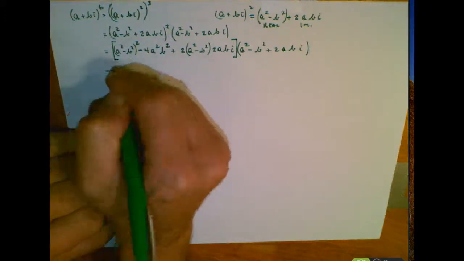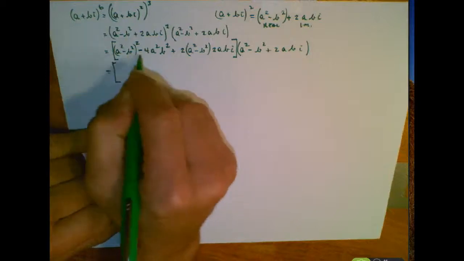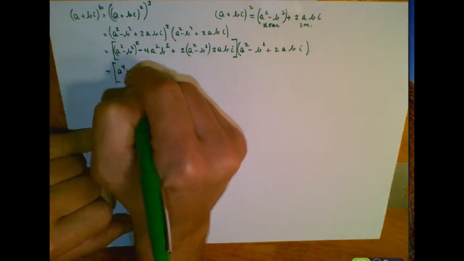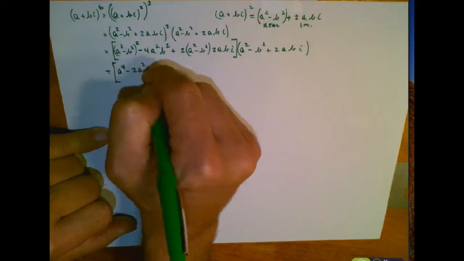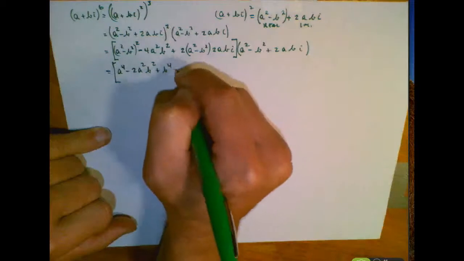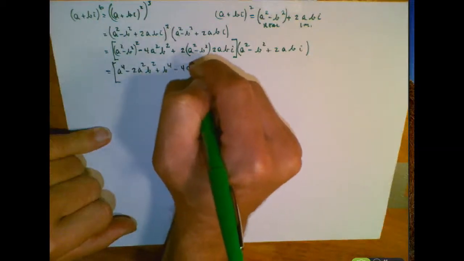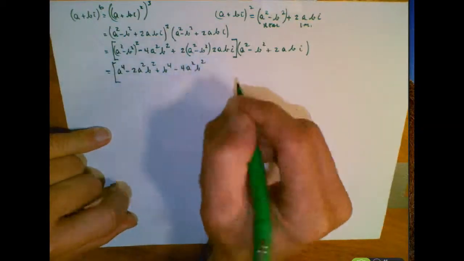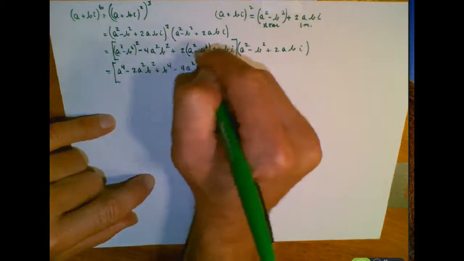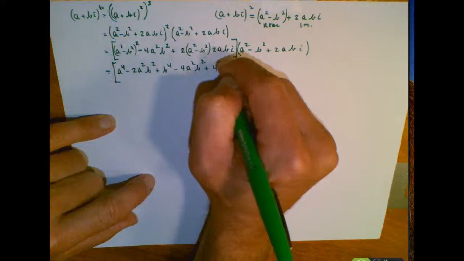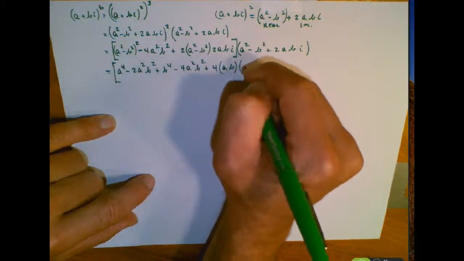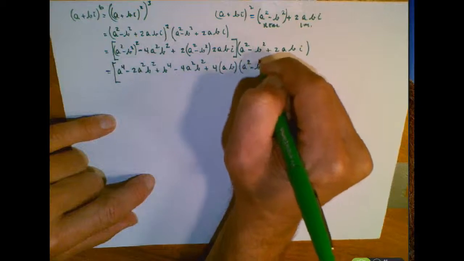So I'm going to distribute this and mark this as a to the fourth minus 2a squared b squared plus b to the fourth minus 4a squared b squared plus, I'm just going to leave this factored and put the 4 together: 4ab times (a squared minus b squared).